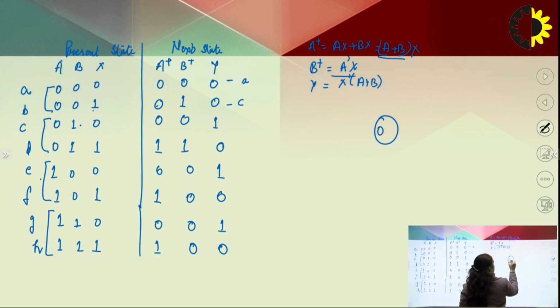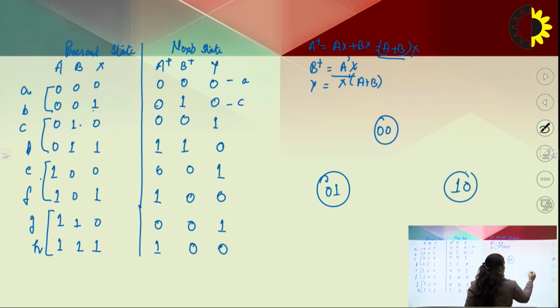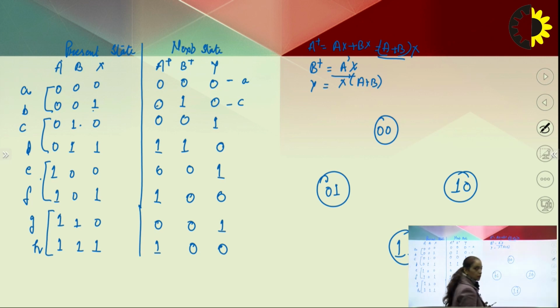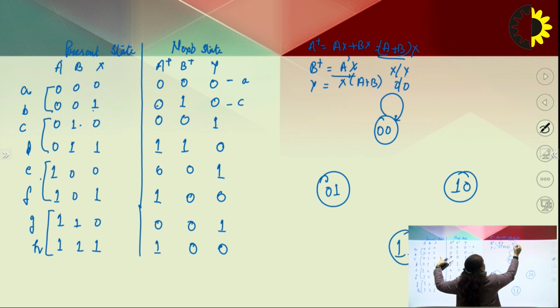So we have the 4 states 0, 0, 0, 1, 1, 0 and 1, 1. From 0, 0, when the value of x is 0 and the value of y is 0, it will remain in the same state. These are the values of x slash y.